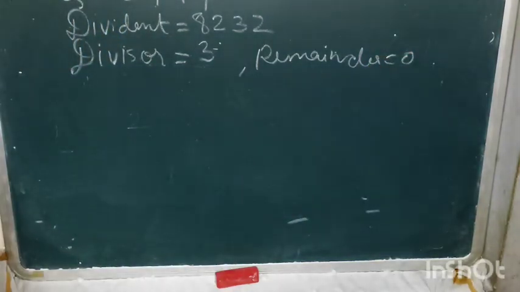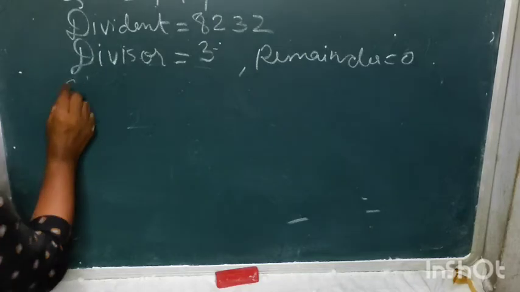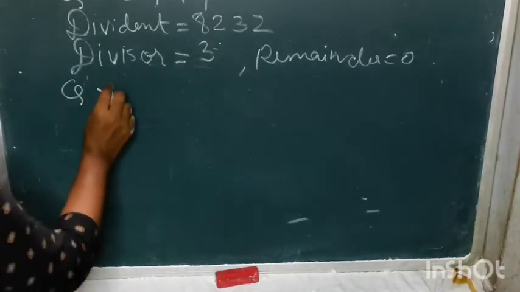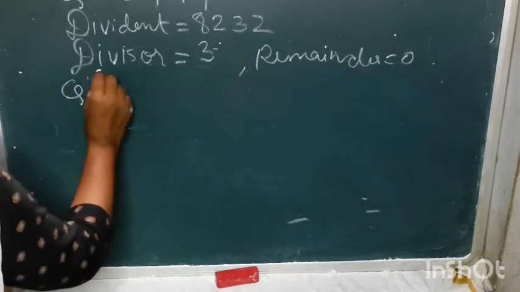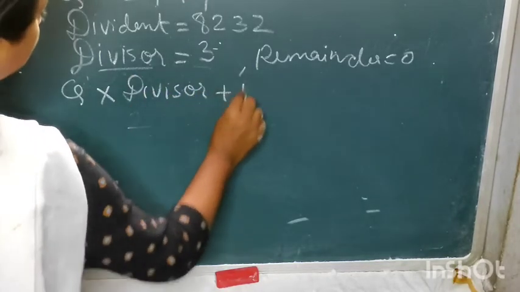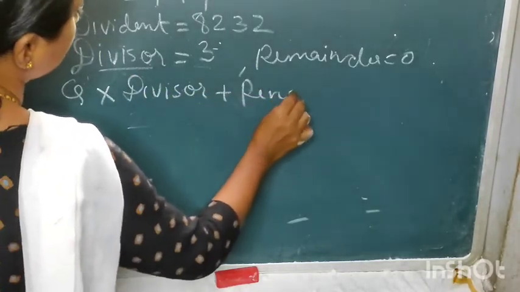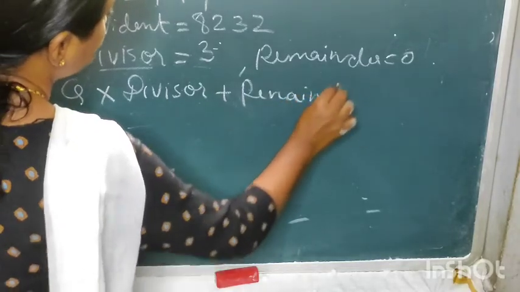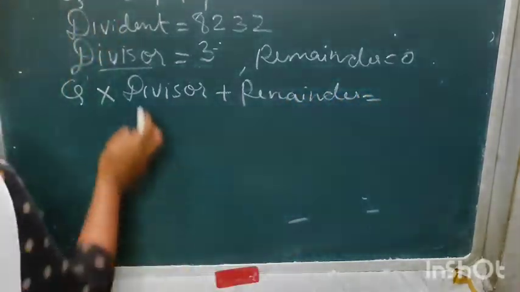We have to check as quotient into divisor plus remainder is equal to dividend.